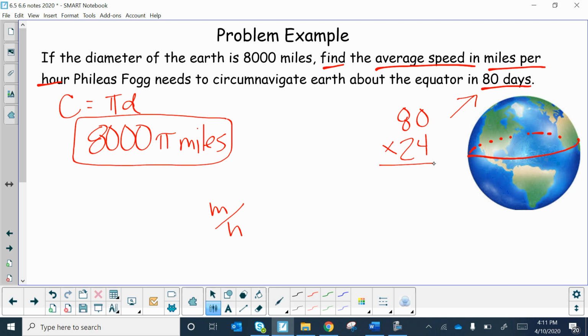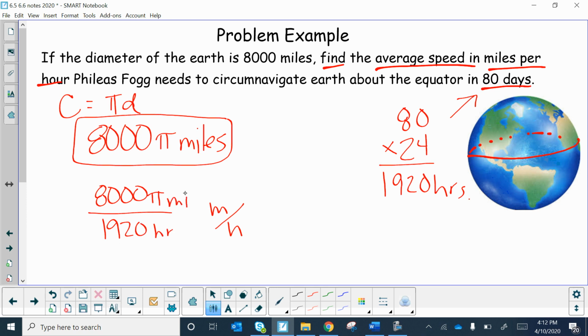So let me get my calculator. 80 times 24 is 1,920 hours. So I want to take my 8,000 pi and divide that by 1,920 hours. Okay, because remember this is miles on top, hours on the bottom.